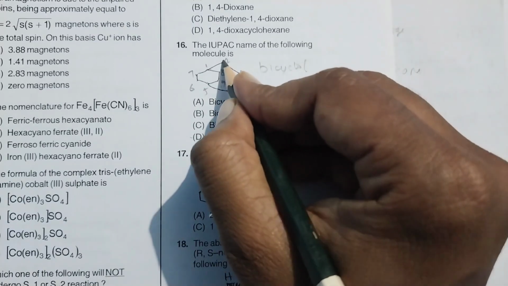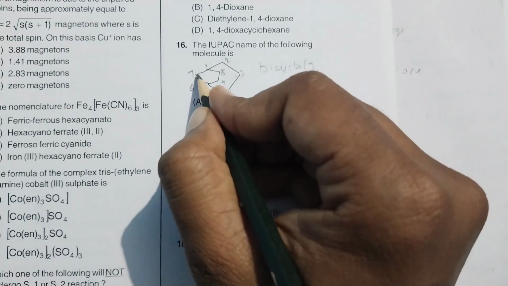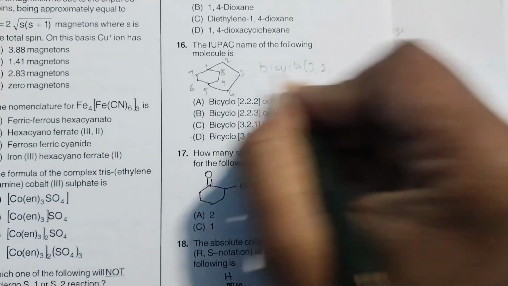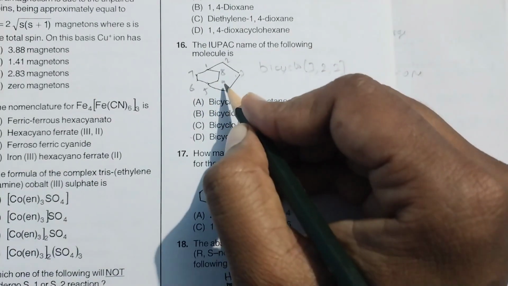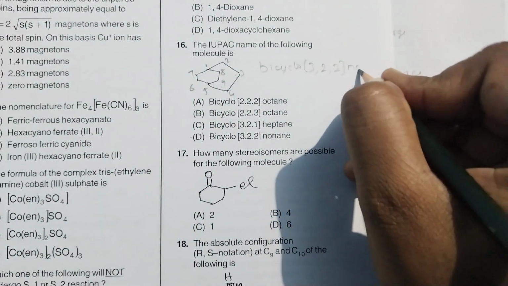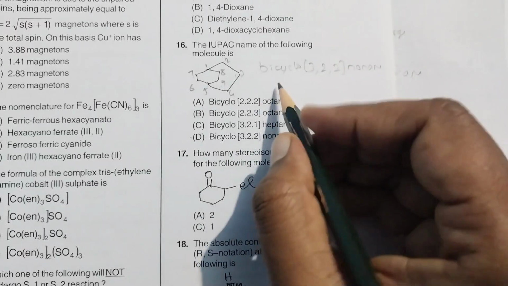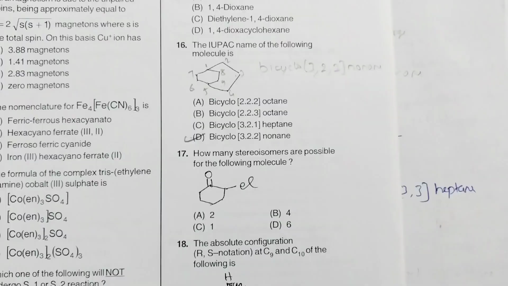Larger ring containing 1 2 3, smaller containing 2, again it is 2 between this bridged, hence total number of carbons is nine, nonane. Bicyclo 3 2 2. This is the correct answer.